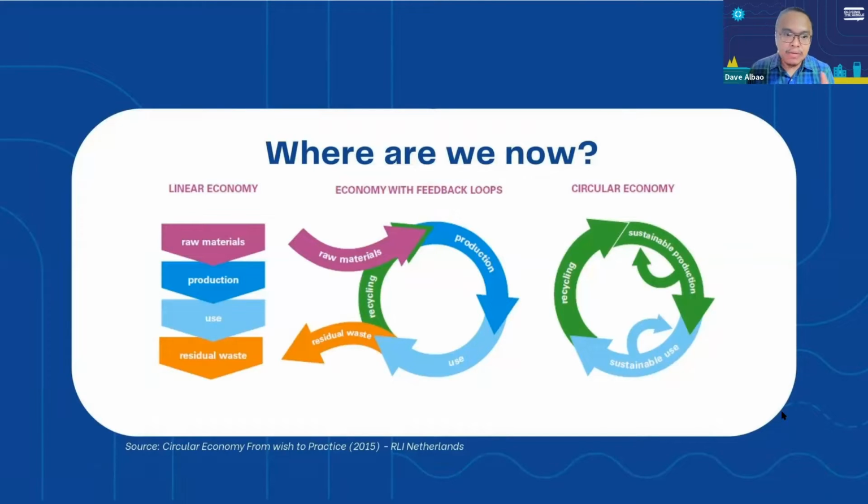Okay, but right now, most likely we are between linear economy and the economy with feedback loops. And you see, recycling is a component of this economy. And one item that we're particularly interested in is plastic. And there is also a focus on circular plastics economy.